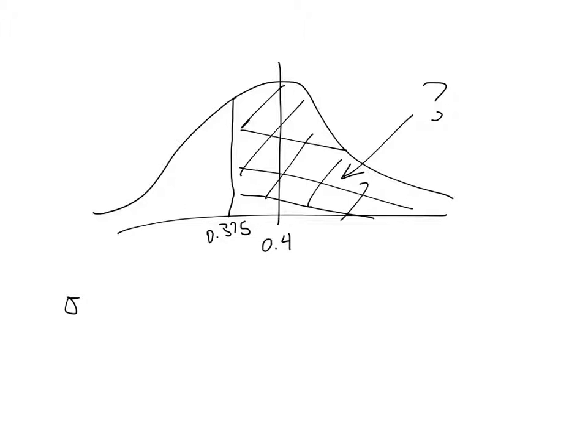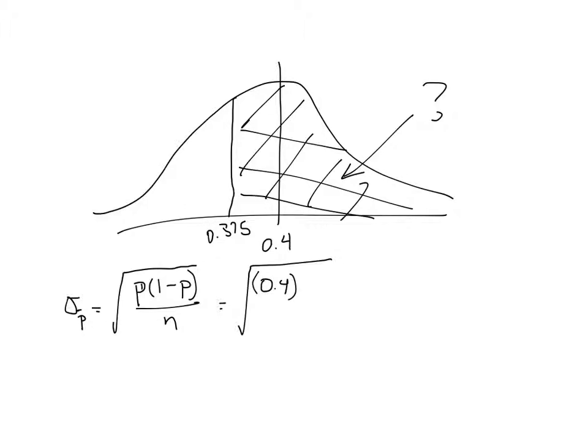So we have sigma sub p bar, and if you look at the formula in the book, I forget exactly which page it's on, it is p times the quantity 1 minus p, all over little n, which is the sample size. Take the square root of the whole thing. So square root of 0.4, that's p. 1 minus that is 0.6, which you should know.